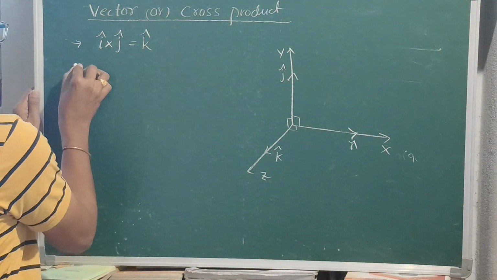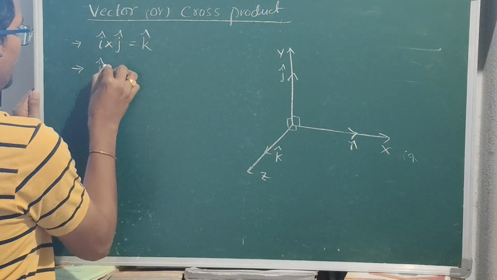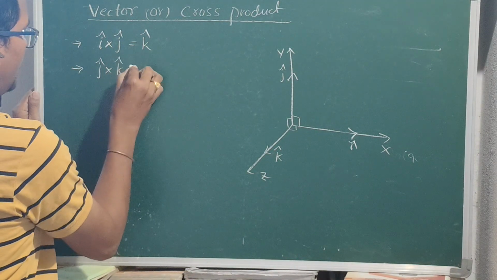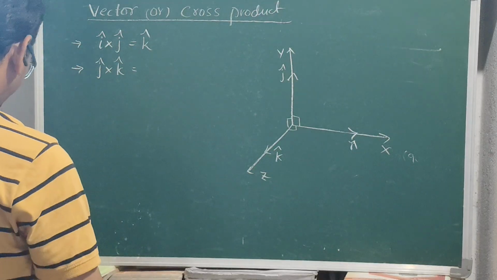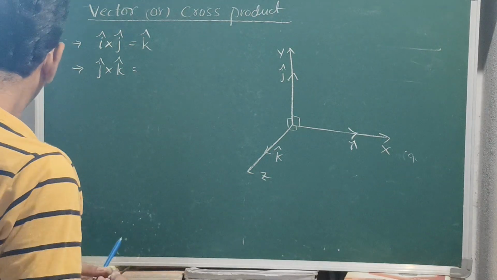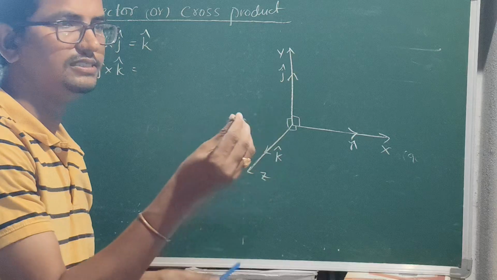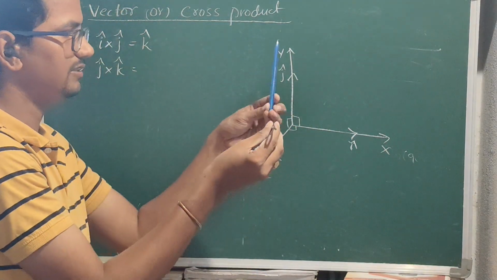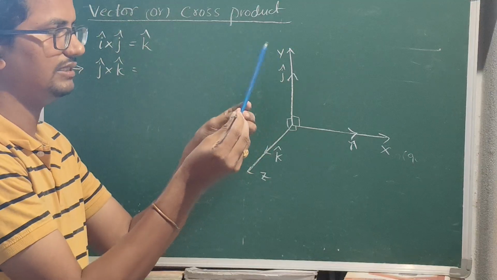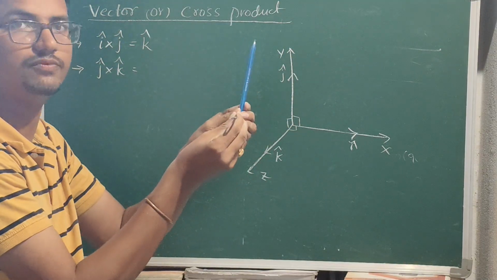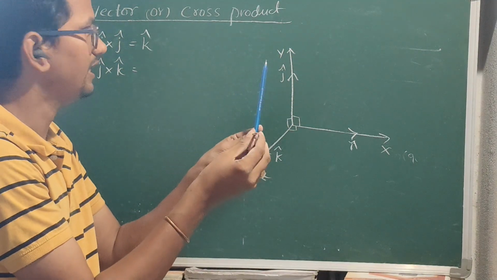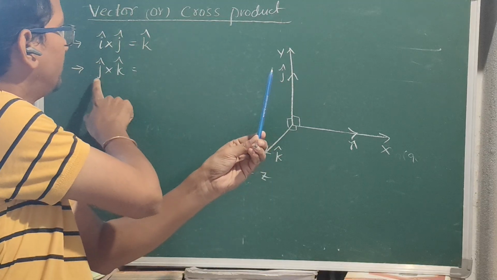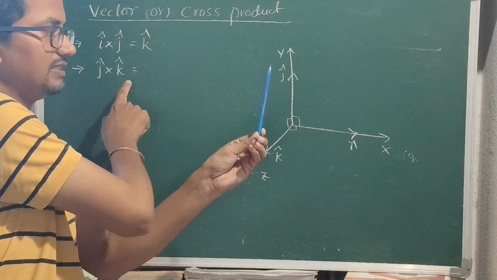That's one meaning. And next one, j cap cross k cap. See, that's very important. For example, this is the z axis, this is the y axis, and this is the x axis. First of all, y axis. j cap means y axis, k cap means z axis.